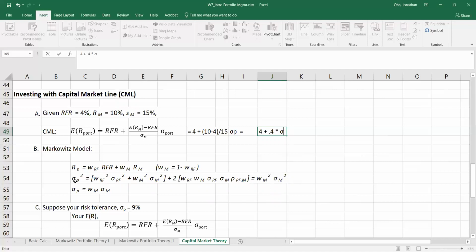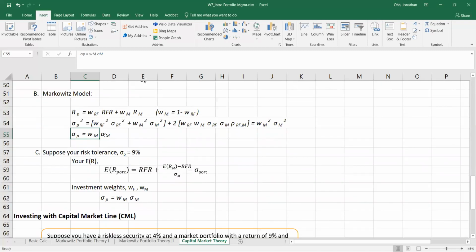And if you look at the variance of the portfolio, this risk-free asset is riskless, which means its sigma should be 0. This one should be 0, and this one should be 0. So it comes down to WM squared times sigma M squared. So the standard deviation of the portfolio is WM times sigma M. Simple, right?